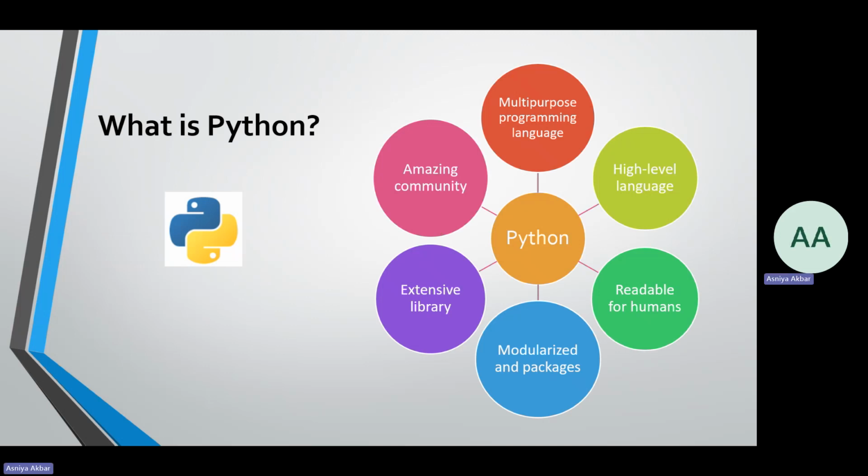Next up, let's dive into our first slide here, which is what is Python. Before we understand what Python is and its different applications, let's first understand who the creator of Python was.